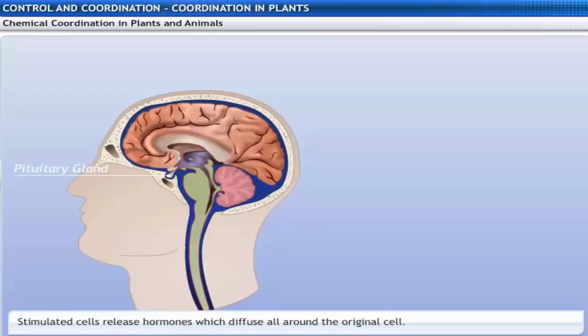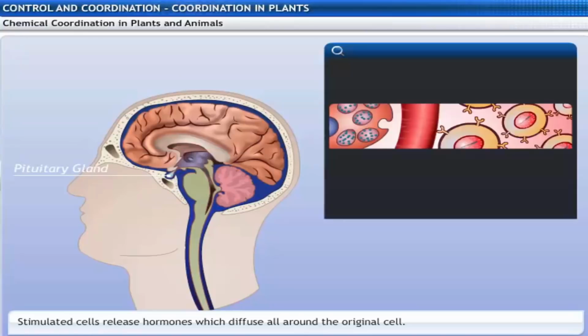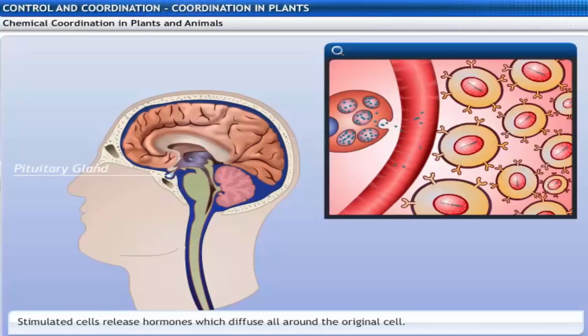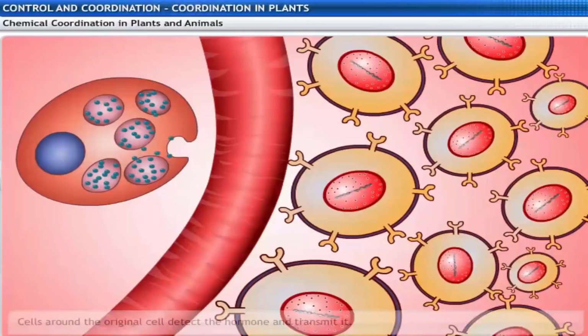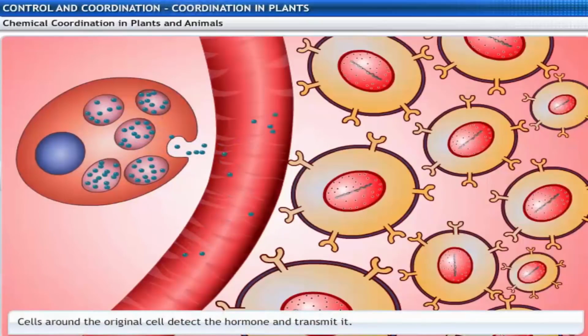Stimulated cells release chemical compounds called hormones which diffuse all around the cell. If other cells around have the means to detect this compound using receptors on their surfaces, then they would be able to recognize information and even transmit it.